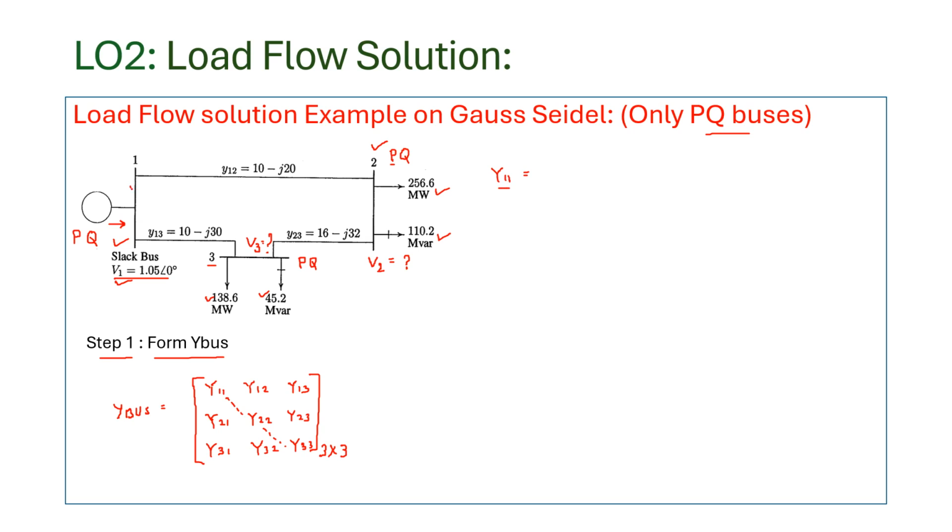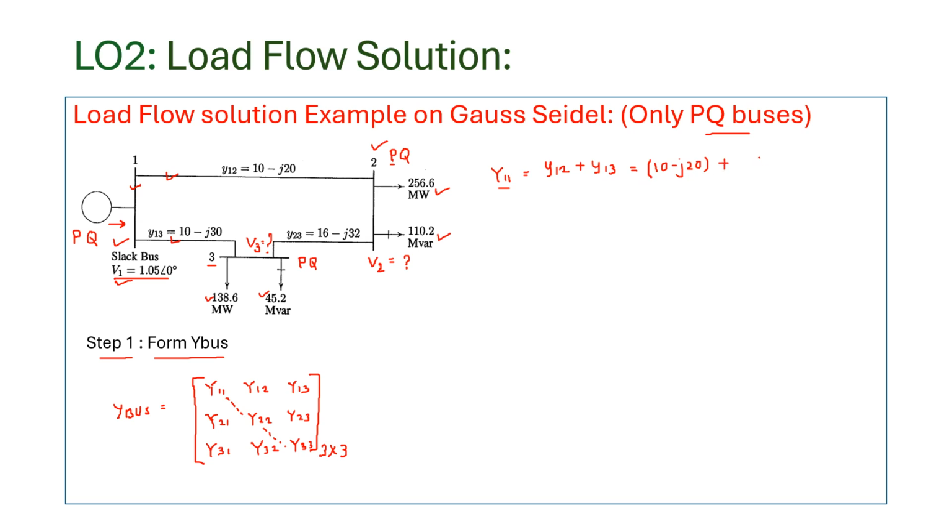This is our bus number 1, to which these two lines are connected. The admittance of each line is given, Y12 and Y13. So we have to add these two admittances, that is Y12 plus Y13. Y12 is 10 minus J20, that is already given. Sometimes if they give you impedance, then you have to convert it into admittance.